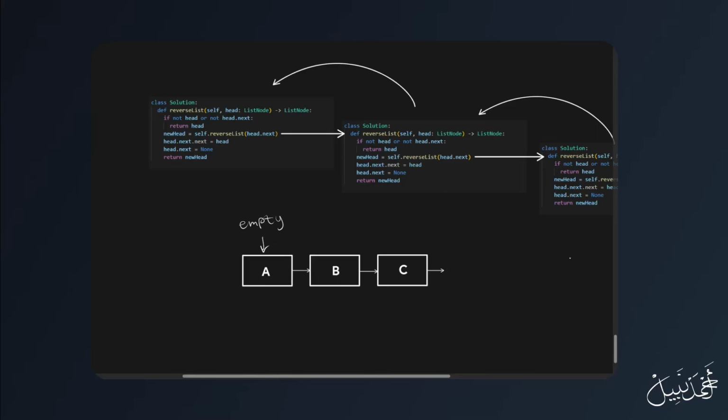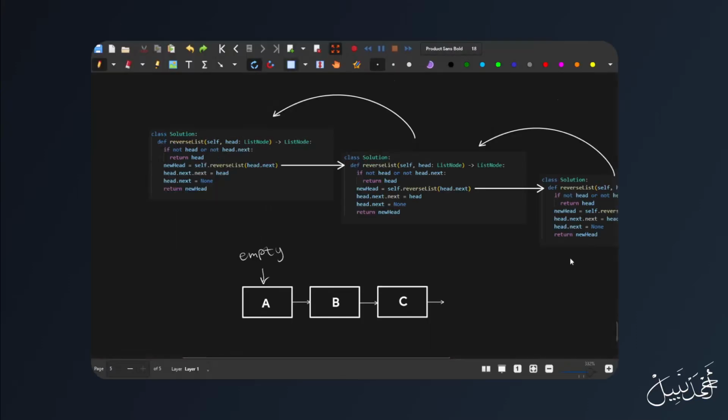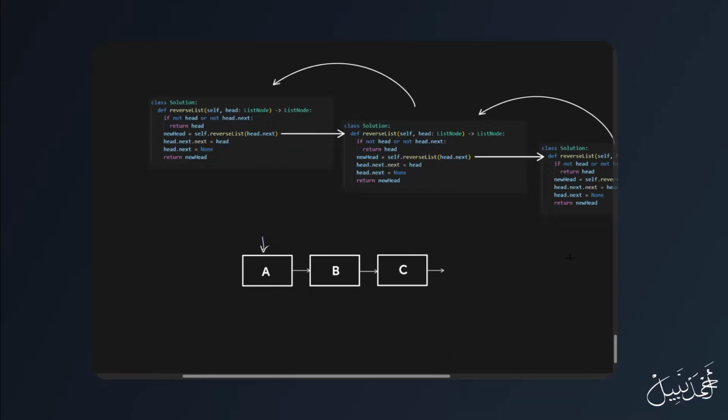But if it is not like this, we will use recursion and call the function inside of itself, and we will pass it the next of the head. Let's say we are at A now.